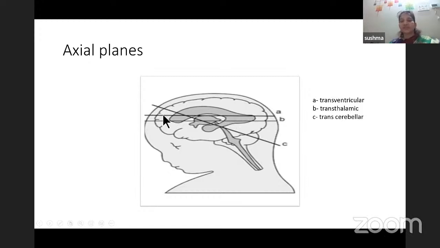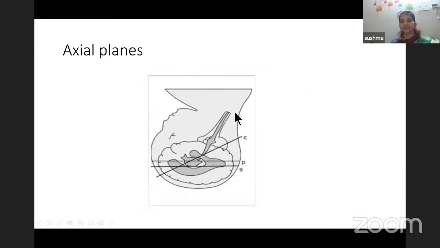The first cranial-most plane, that is, the one closest to the cranial end of the fetus, is the transventricular plane. Here I have changed the direction of the fetus because the commonest presentation that we have is the cephalic presentation.